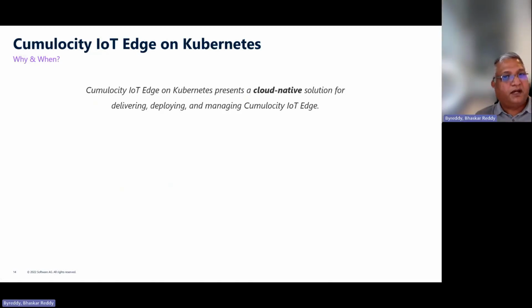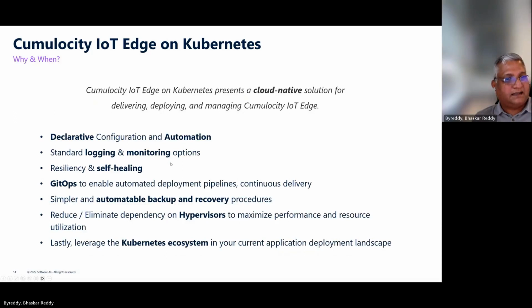In general, Edge on Kubernetes presents a cloud-native solution for delivering, deploying, and managing Cumulocity Edge. As I said, it's declarative configuration. The configuration that we have seen is very easy to change for your deployed Edge.